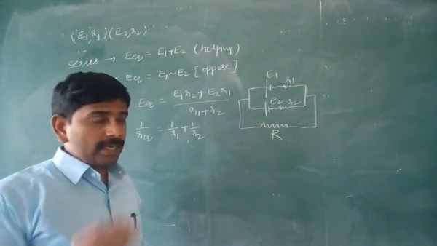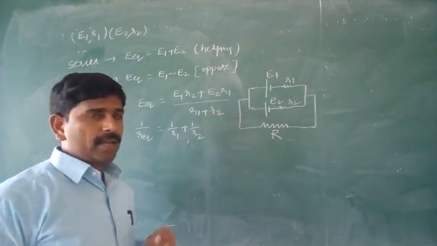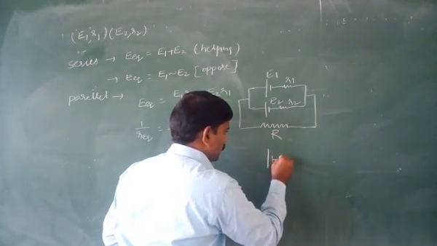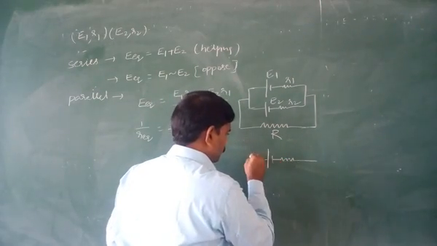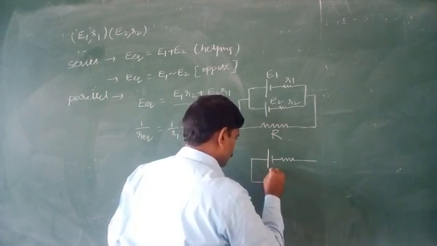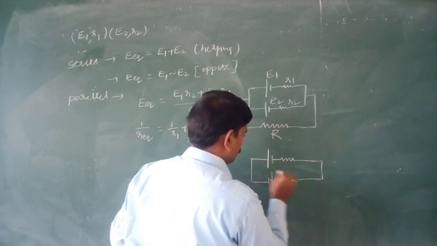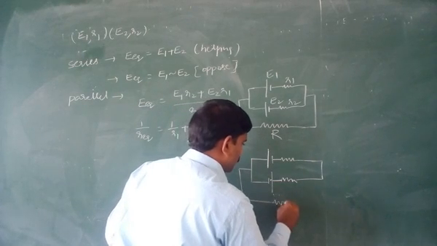Here the external resistor is equal to capital R. In case the positive is connected to the negative, then what happens? Like this, observe. This is connected to the external resistor.